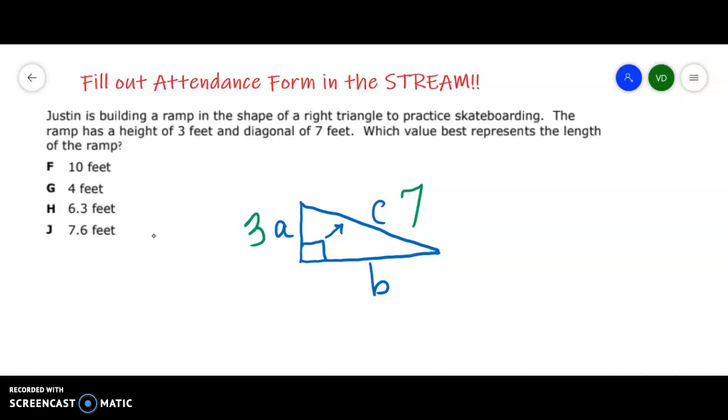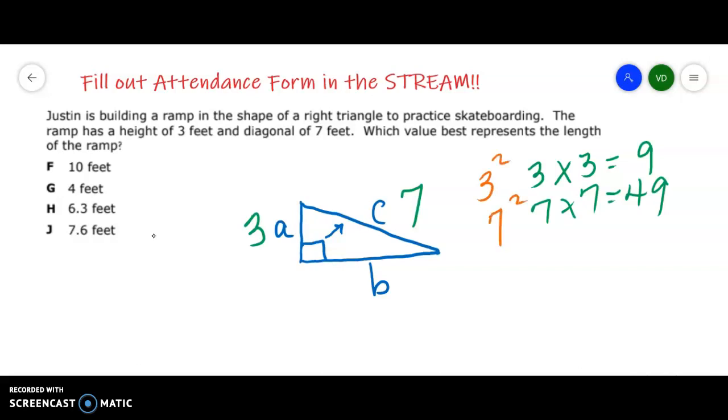So remember, if you did this, perfect, wonderful. You got 9, and then you should have gotten 49, because this one means 3 squared and this one means 7 squared.